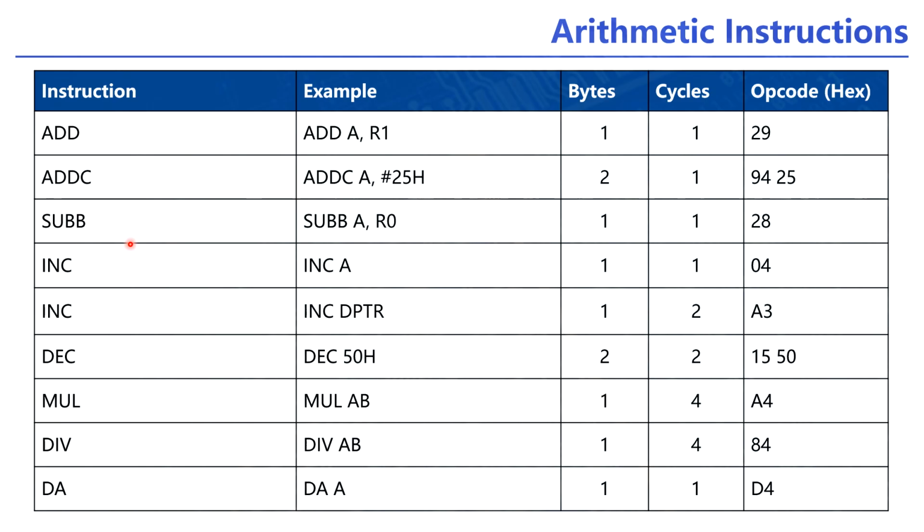For increment, that is INC, increment using the accumulator A and using the DPTR. Next, decrement DEC.